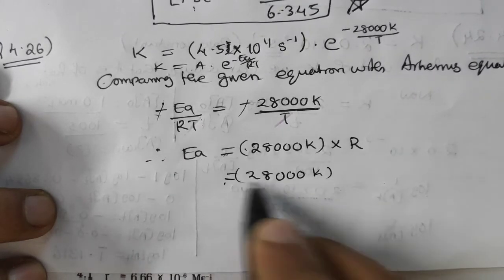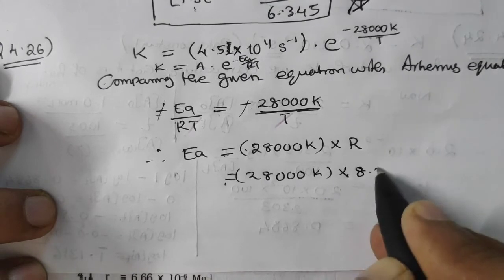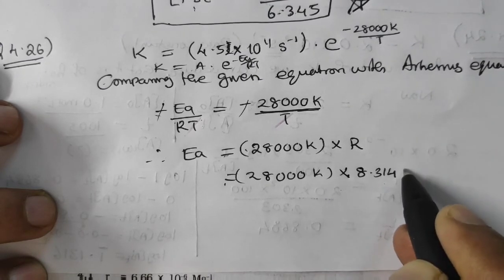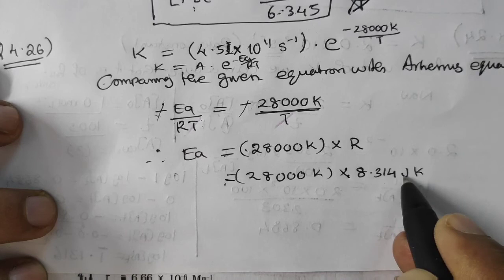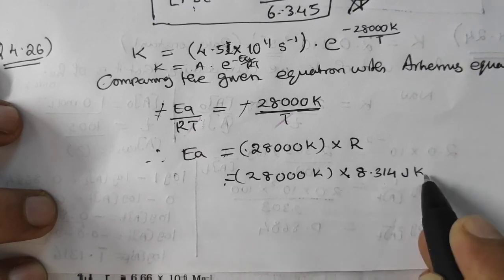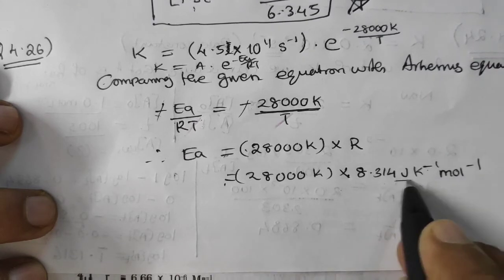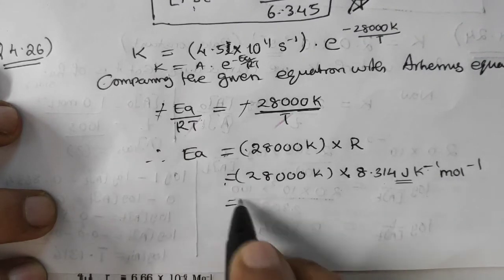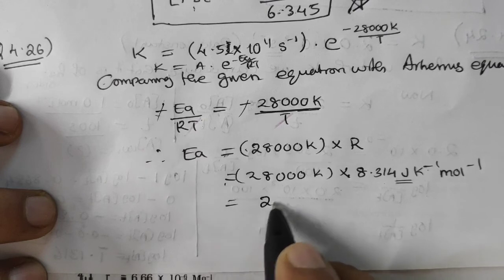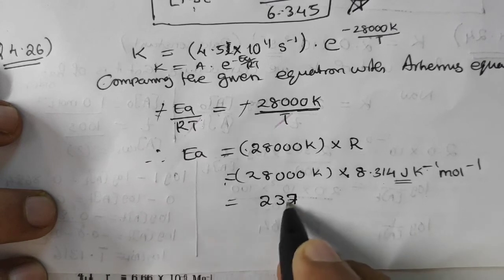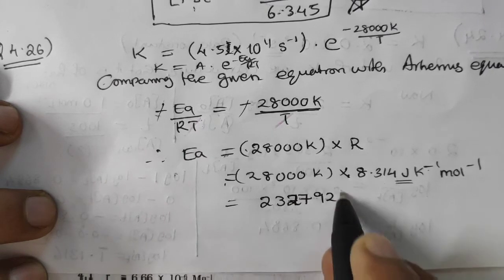So which will be equal to 28000 K into the R value 8.314 joule Kelvin inverse mole inverse. If it were kilo, then we would take 10 raised to minus 3, but here we take joule only. This is important to remember. If you simplify, it will be 232792 joule mole inverse.